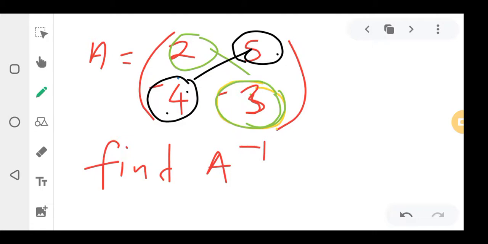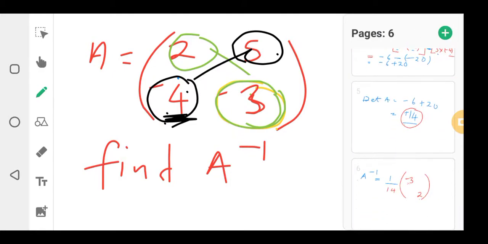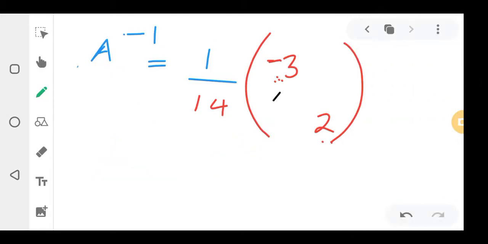They reverse their signs, not exchange signs, reverse. So negative 4, it will reverse. What's the reverse of negative 4? It is 4. So where there's negative 4, I'll put 4. The negative would disappear.